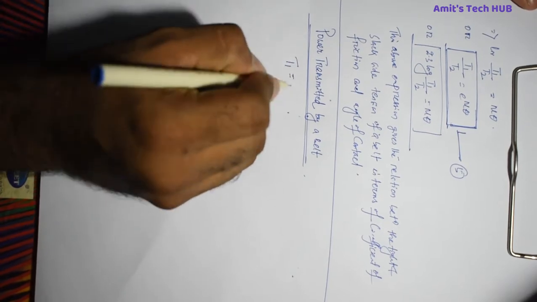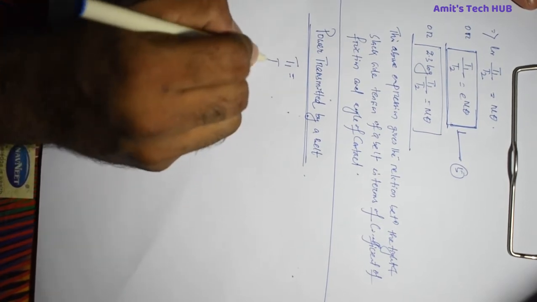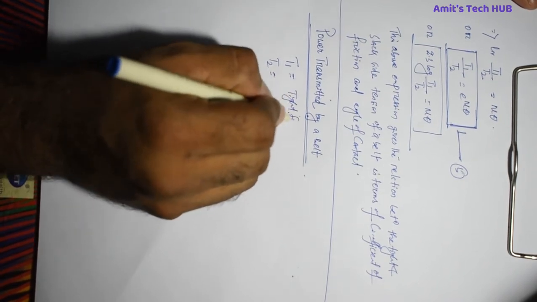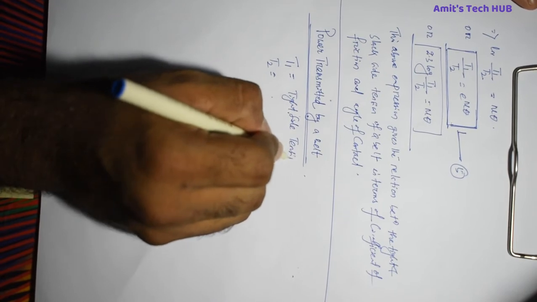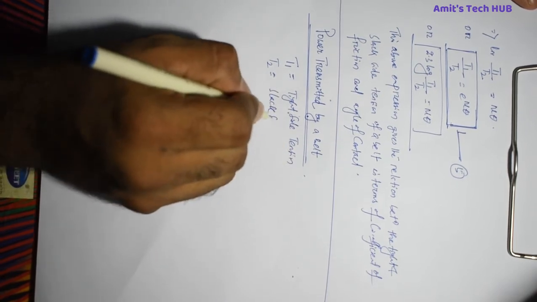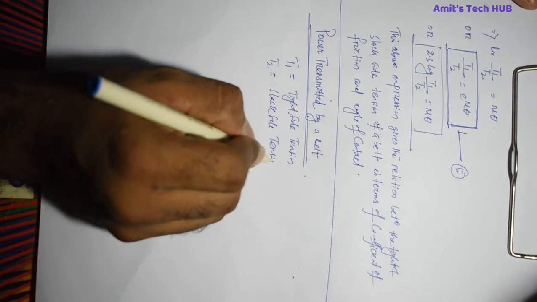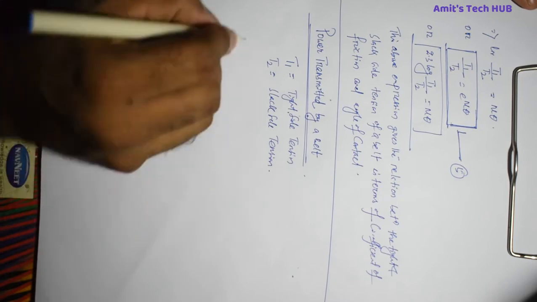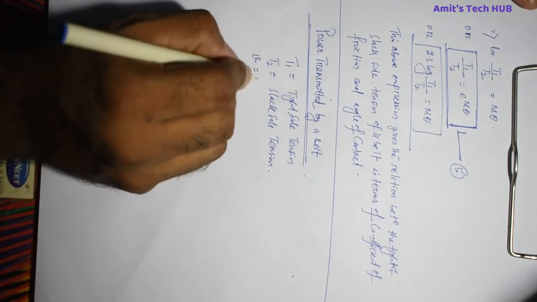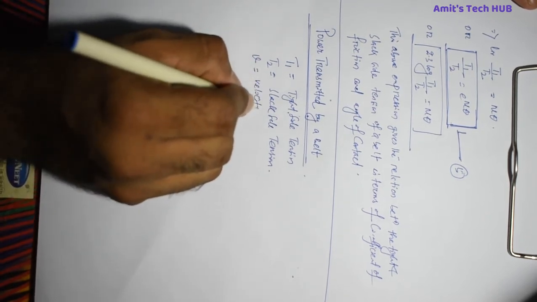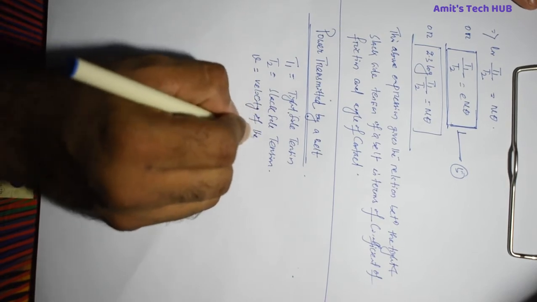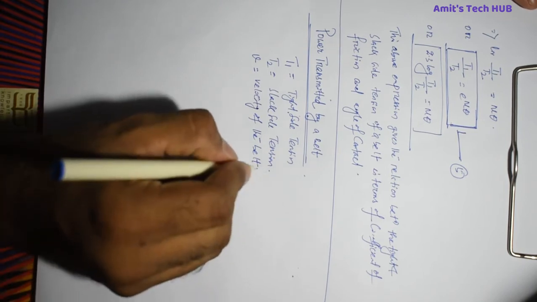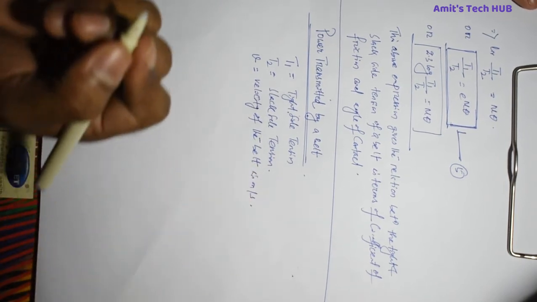T1 is the tension in the tight side, T2 is the tension in the slack side, and let us consider V is the velocity of the belt passing over the pulley, in meters per second.